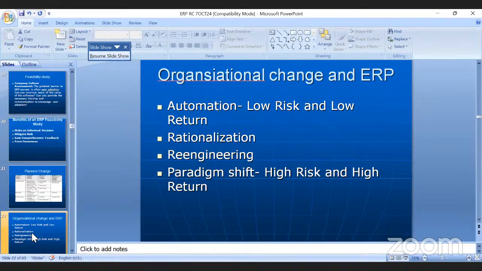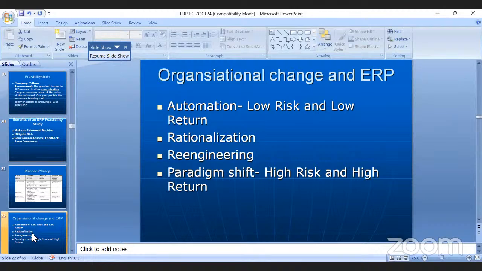Any change which you are doing, say a general ledger, which you were writing in a book, you use Tally or advanced Excel. That's the first level of automation: low risk and low returns. Whatever you were writing in the book, you type in the computer. That's the first level in any organization change.